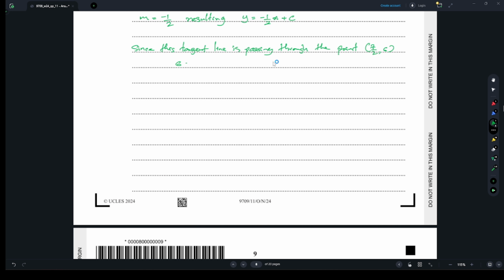So y coordinate is 6, equals minus half, x coordinate is 7 over 2, plus c. So with this one, we can find the c value: 7 over 4, minus 7 over 4 goes to the other side, so 6 plus 7 over 4, which is 31 over 4. Okay, therefore the equation is y equals minus half x plus 31 over 4.